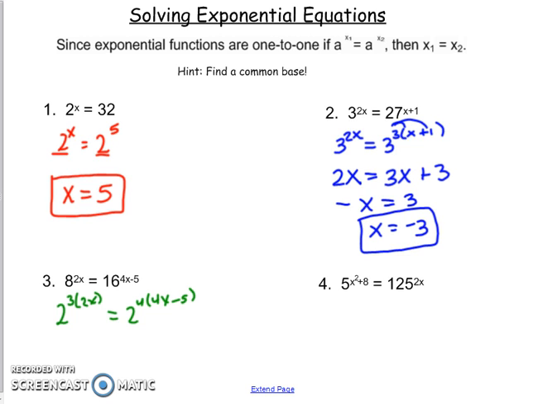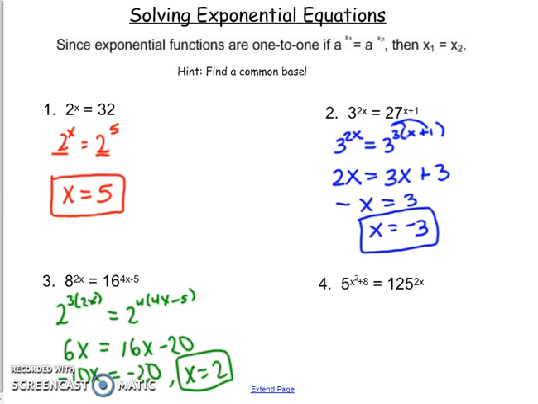So now that the bases are the same, we just put the exponents equal to each other. So 6x equals, we're going to distribute the 4, so 16x minus 20. So if we subtract the 16x, we get negative 10x equals negative 20. So divide by negative 10, x equals 2.